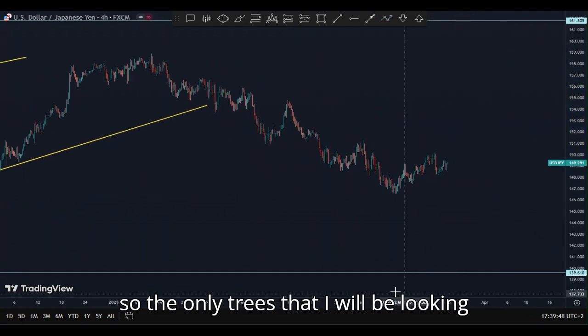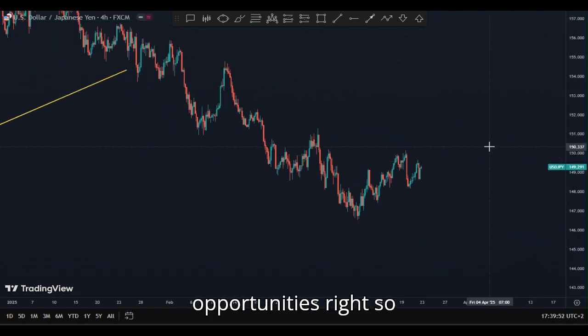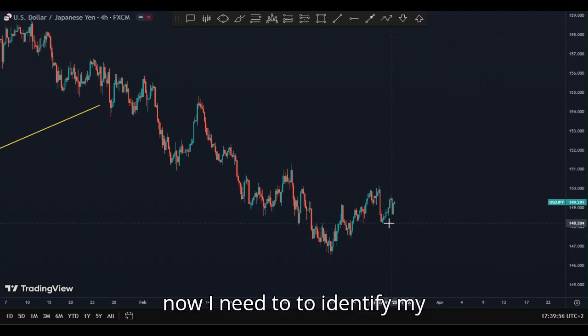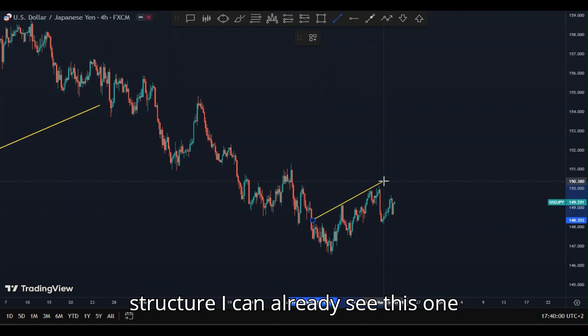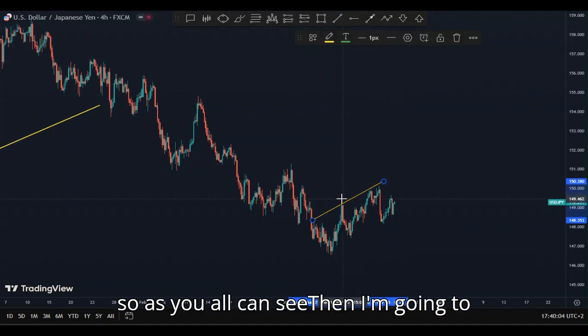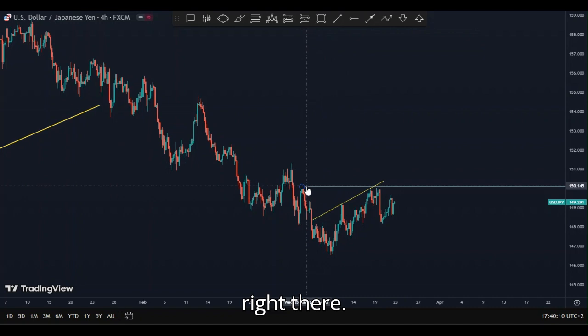So the only trades that I'll be looking for here, guys, are some selling opportunities, right? So now I need to identify my structures. I can already see this one here, guys. So as you all can see, I'm gonna identify this as my hook point right there.